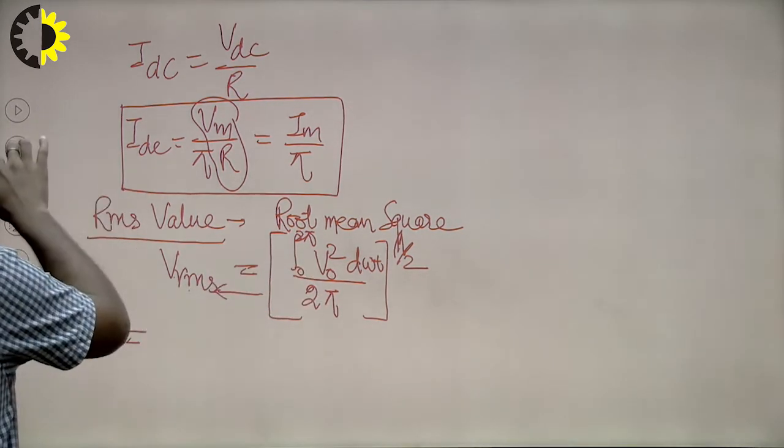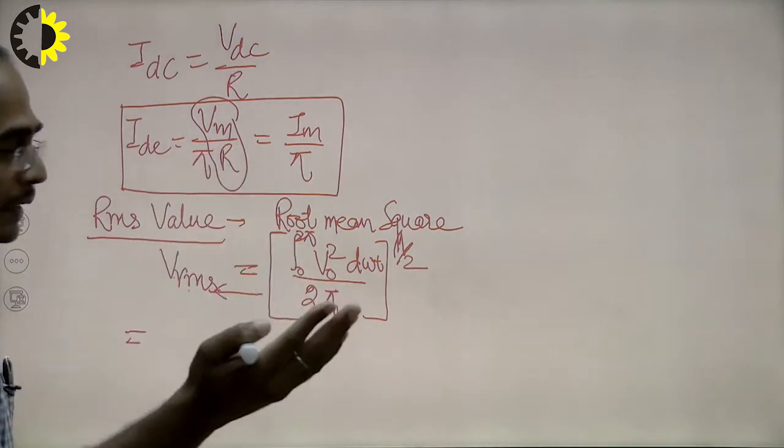The output is defined only for 0 to pi, for pi to 2 pi you are getting the output 0.